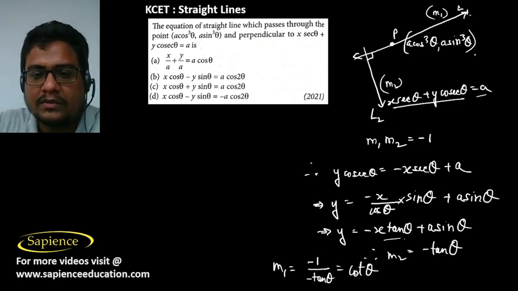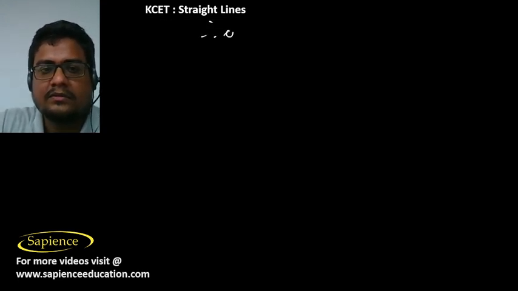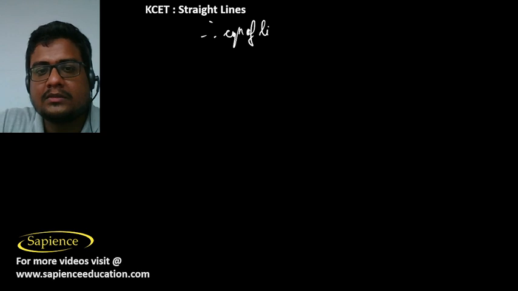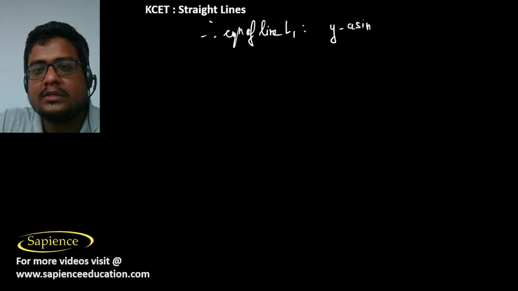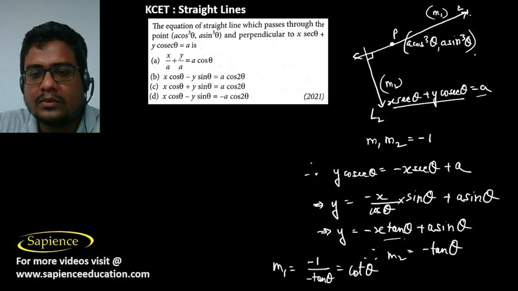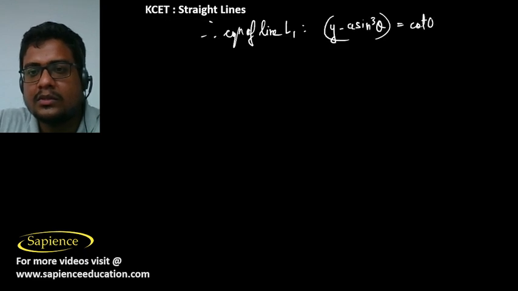Therefore the equation of the line L1 will be y - a sin³θ = cotθ (x - a cos³θ).